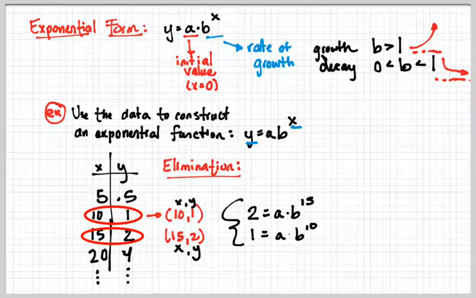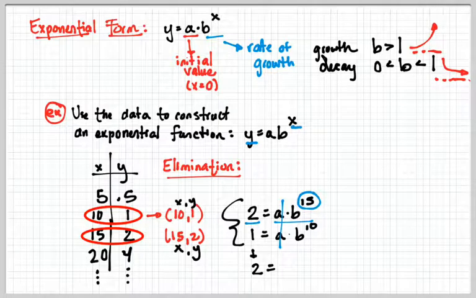Okay, now the reason I need 2 equations is because I have 2 variables, and that's the only way you'll be able to solve. So once we have this set up, we're going to create a proportion, and one of the reasons I put this one on the top is because there's more b's, which is going to make our life easier when we simplify. So the nice thing about writing this as a proportion, and that it's equivalent, is the a's cancel. So we're left with straight division. 2 equals, we have 15 b's up top, 10 on the bottom, we have 5 b's left.